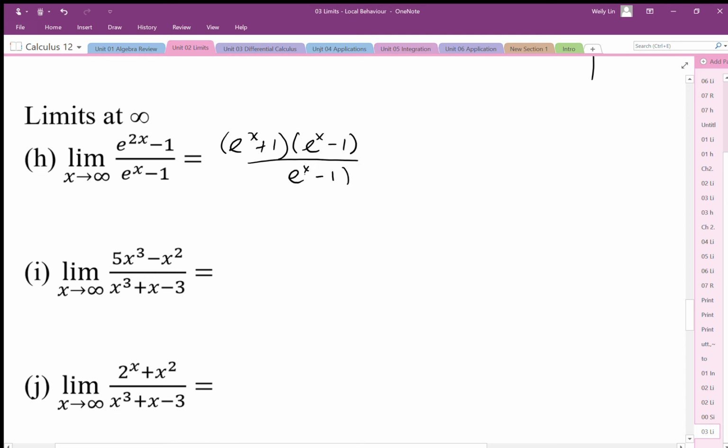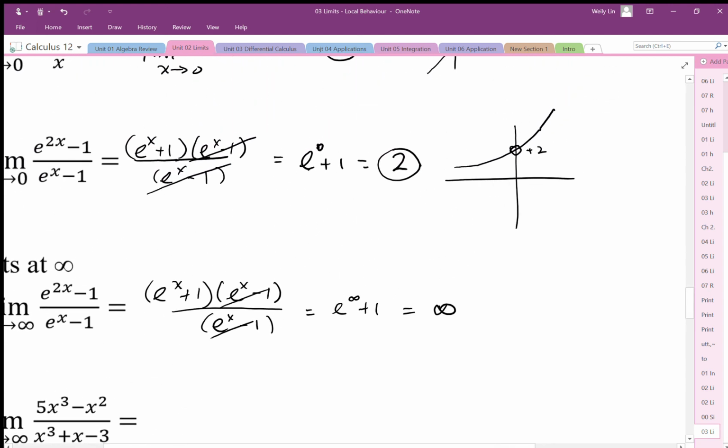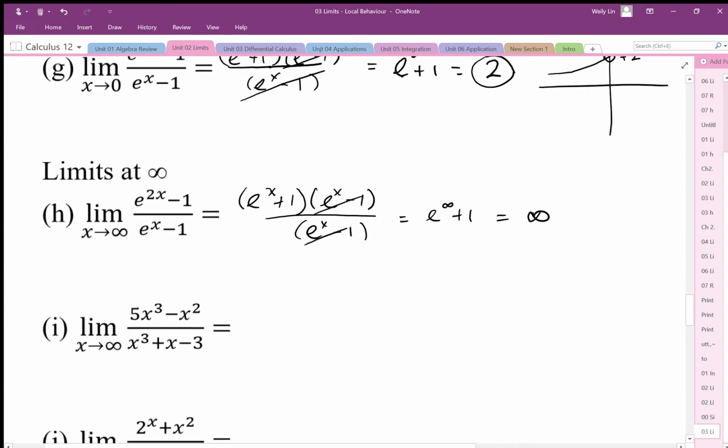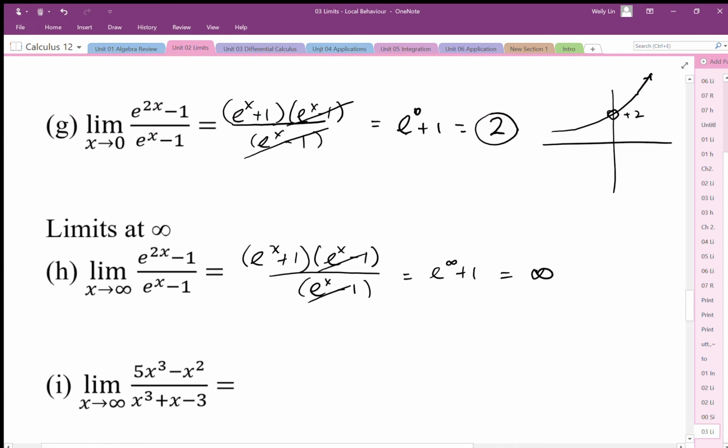I'm just going to do the algebraic simplification and then plug in infinity into my limit, and we can see that it ends up going to infinity. And again, this is the same graph. We can see that it's going to shoot off to infinity as x gets large. And that's different than the local behavior that we're seeing here.